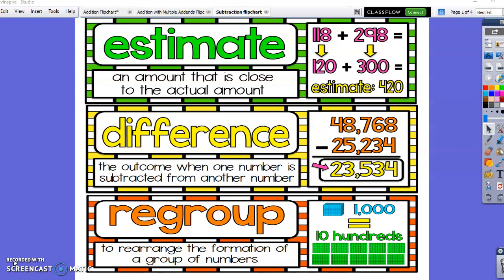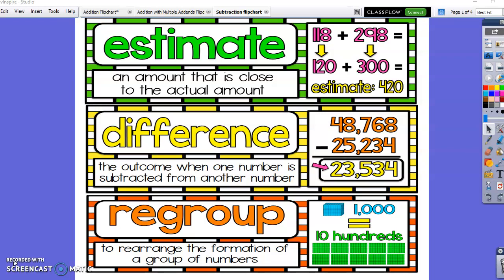In the example that you can write down, you have 48,768 minus 25,234 equals 23,534. That is the difference. Make sure you're writing these vocabulary terms down.